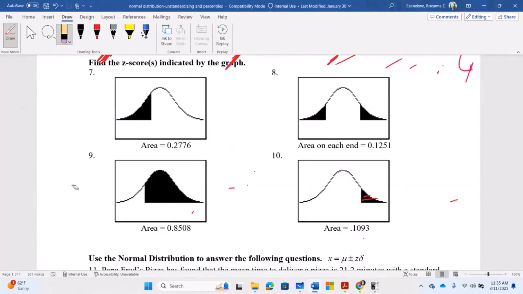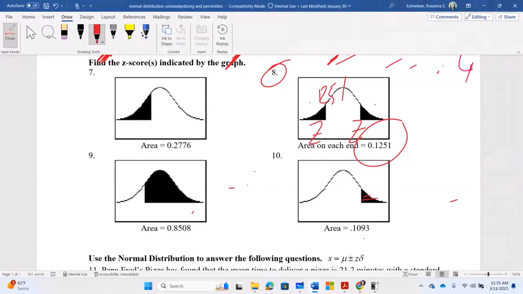Okay, so I am told that the area on each end, let's look at number 8 here, area on each end is 0.1251. And I'm told to find the z-score to the left and the z-score to the right.